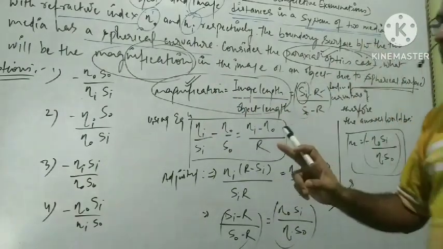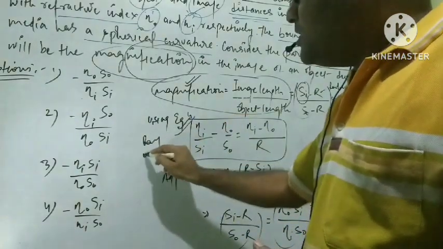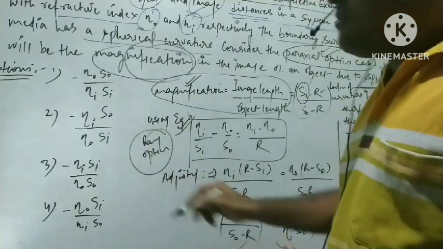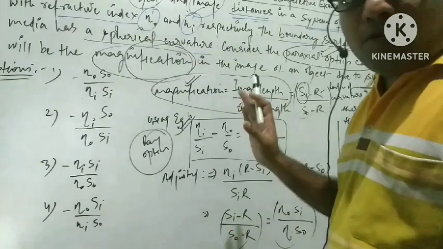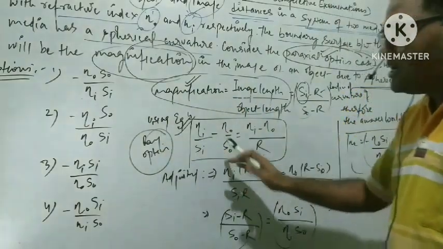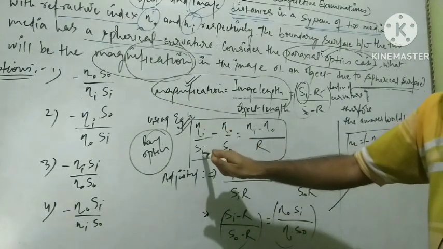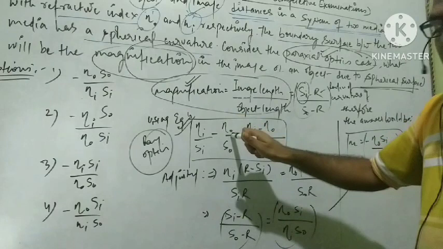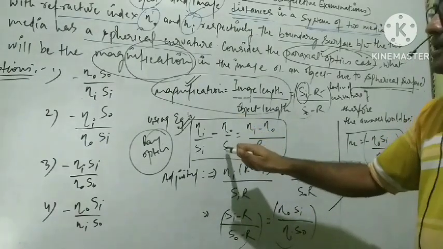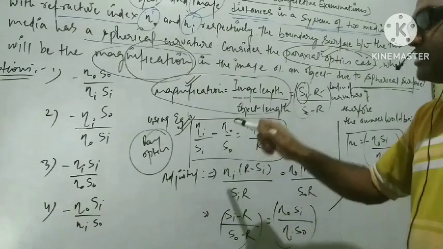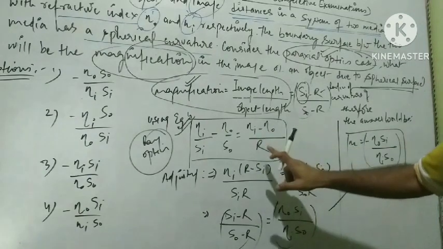Now we can also use a ray optics formula. This formula comes from ray optics. When we cover ray optics in our regular classrooms, this formula is derived there, but due to the short span of time, I am just using it. Here eta I is the refractive index of the image, upon the distance of the image from the curvature, minus the refractive index of the object upon the distance of the object from the spherical curvature, equals eta I minus eta naught upon the radius of curvature of the spherical surface.